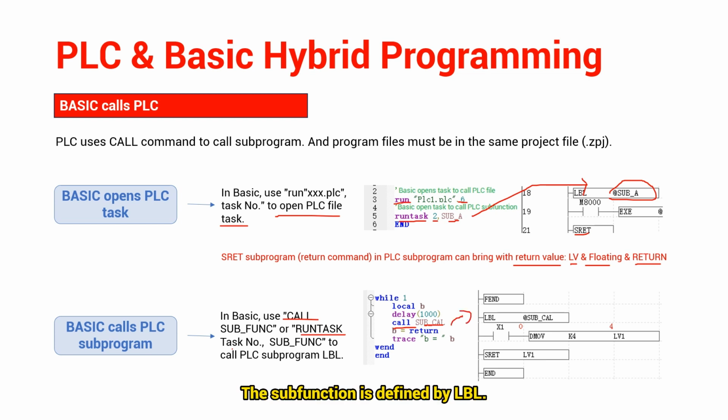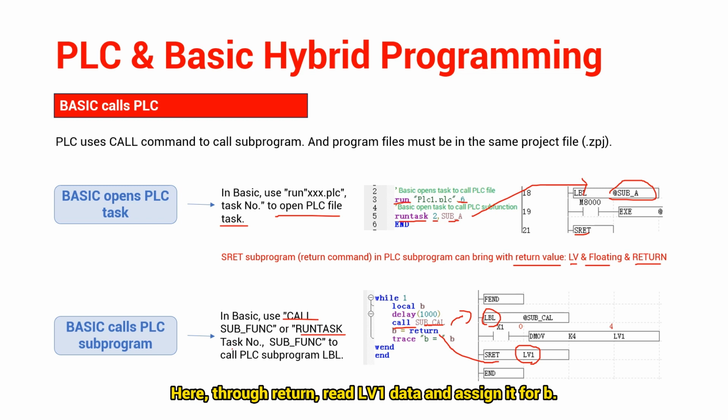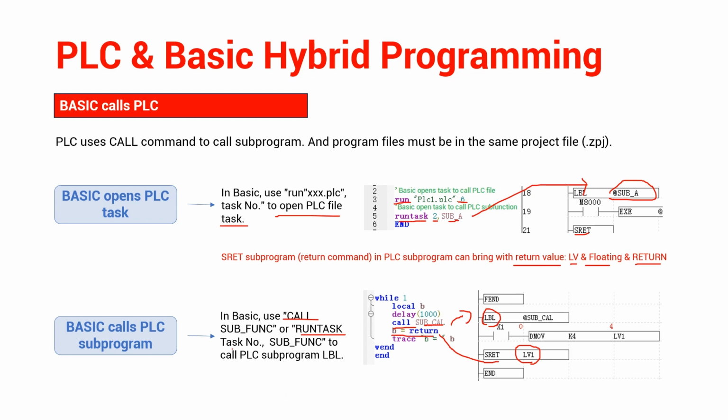The subfunction is defined by LBL. Same, use SRET to return. Return here. Parameters are saved into LV1. Here, through return, read LV1 data and assign it for B. So this is basic calls PLC subprogram directly.